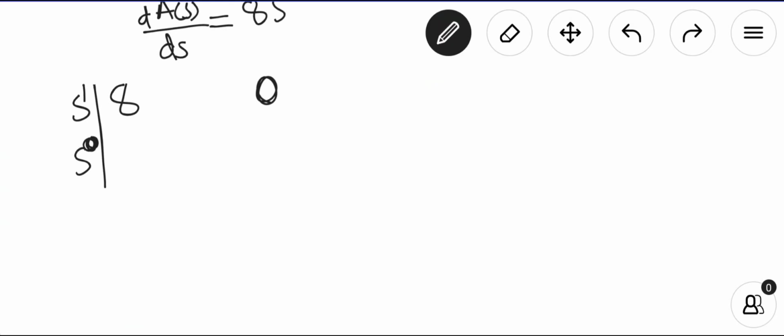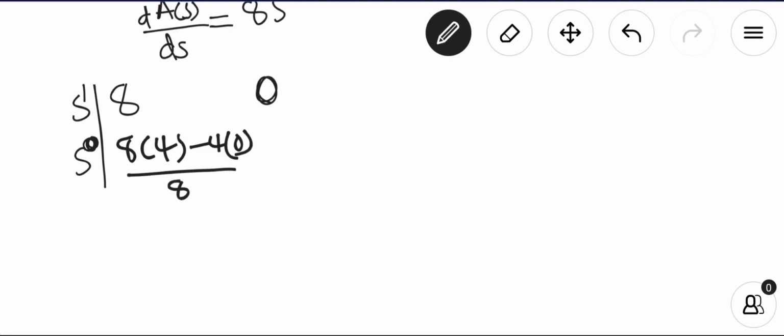So this will give you 4. Well, let me just write it. 8 times 4 minus 4 times 0 all over 8. This will give you 4 and 0. And this will also be 0. So we have completed the array.